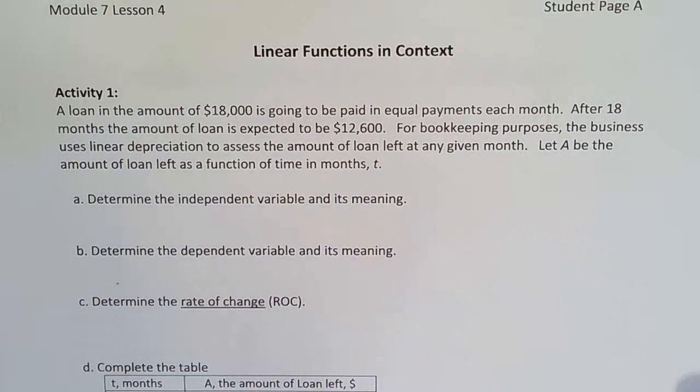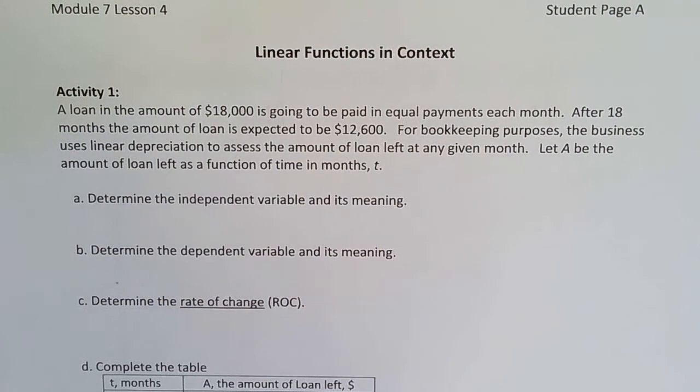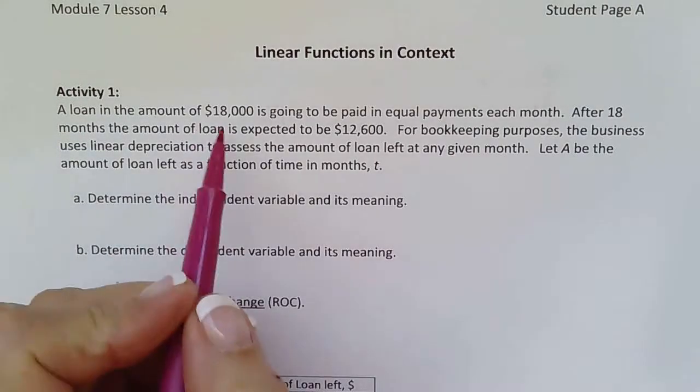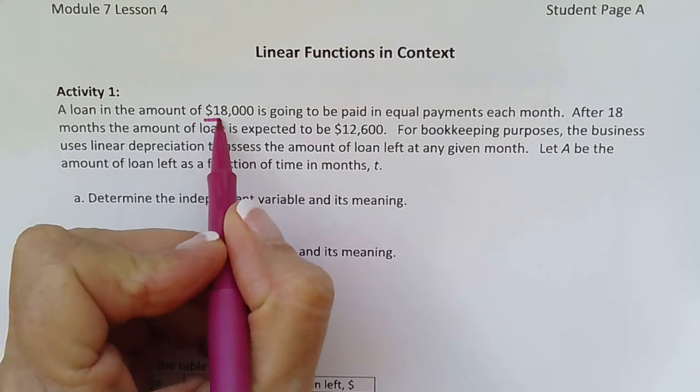Okay, let's go ahead and pick up on this lesson. A loan in the amount of $18,000 is going to be paid in equal payments each month. Because I know this section is on linear functions, I'm thinking, what is the starting point? 18,000. So I know that's going to be my b, right?